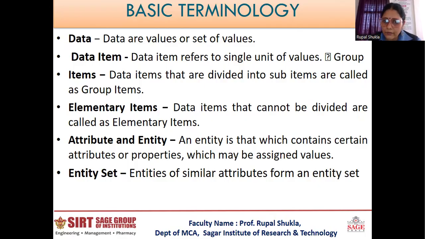Data items that cannot be divided are called elementary items. Attributes and entities. An entity is that which contains certain attributes or properties which may be assigned values. Entity set. Entities of similar attributes form an entity set.